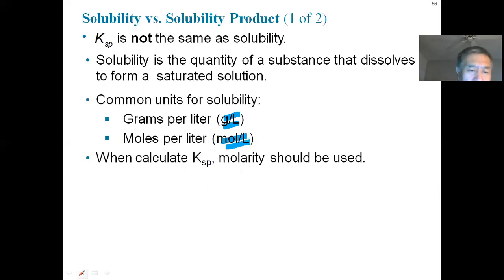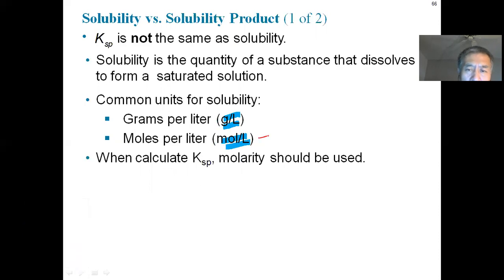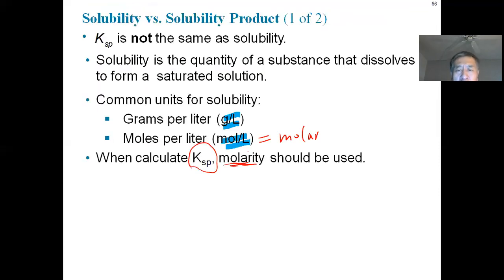Moles per liter, as you are familiar with, is molarity, or molar concentration. So when we have those numbers for the Ksp, you need to do your calculation using molarities. After you get the molar solubilities, you can convert into grams per liter or some other unit.